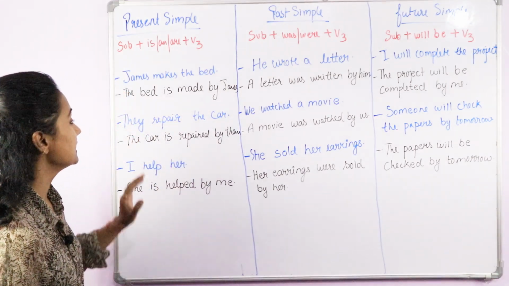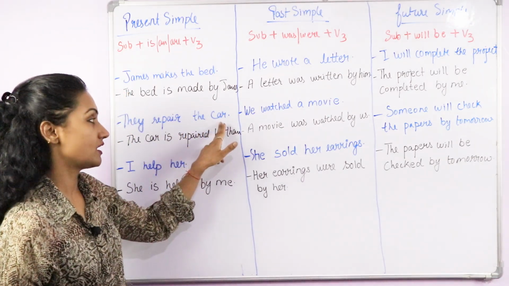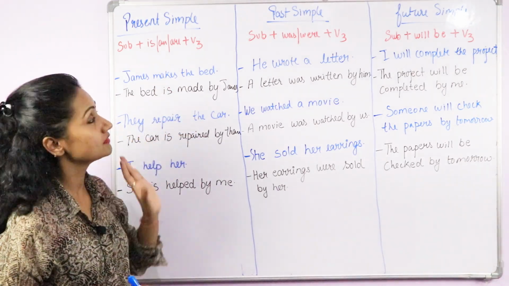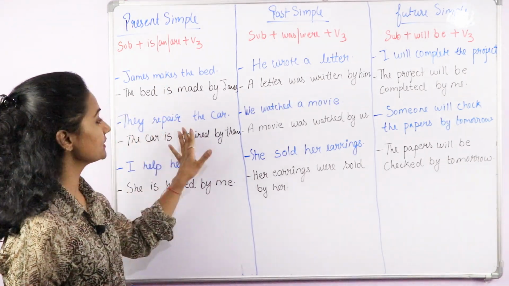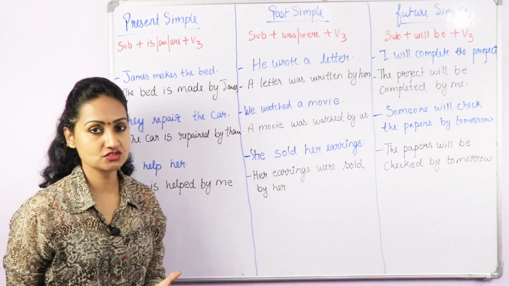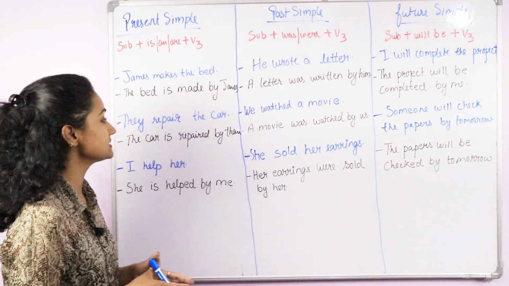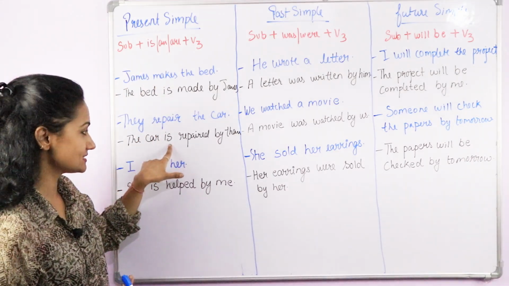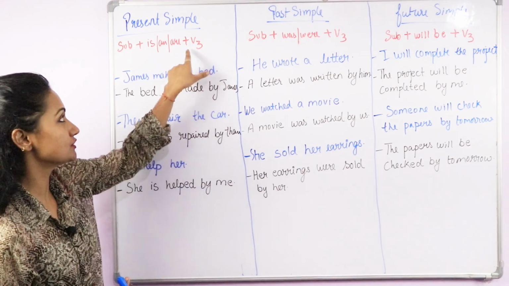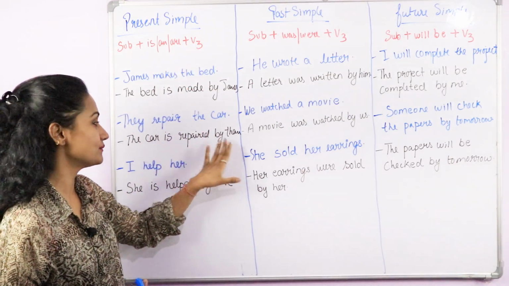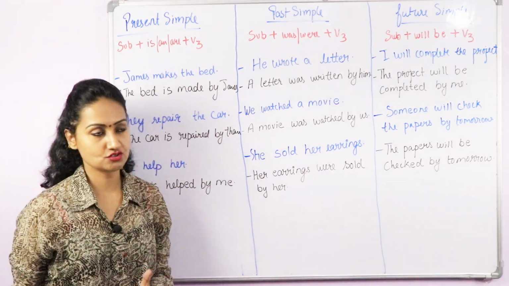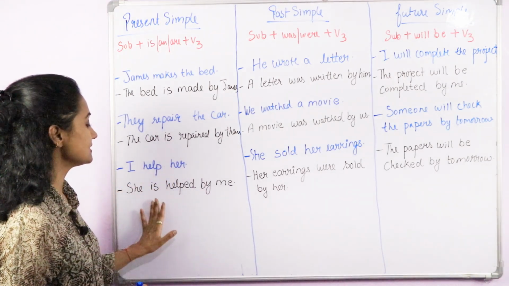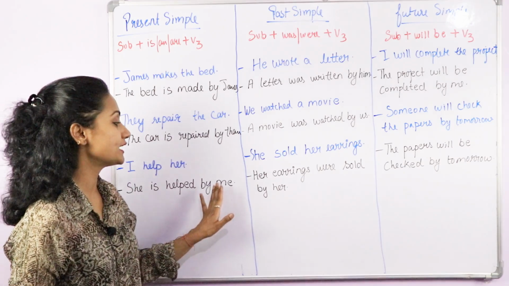Alright, next is they repair the car. So subject plus first form of the verb, so they are in present simple. They repair the car. Now how will I change it into a passive sentence? The car, subject, the car is repaired, third form of the verb, by them. So the car is repaired. I help her. She is helped by me.